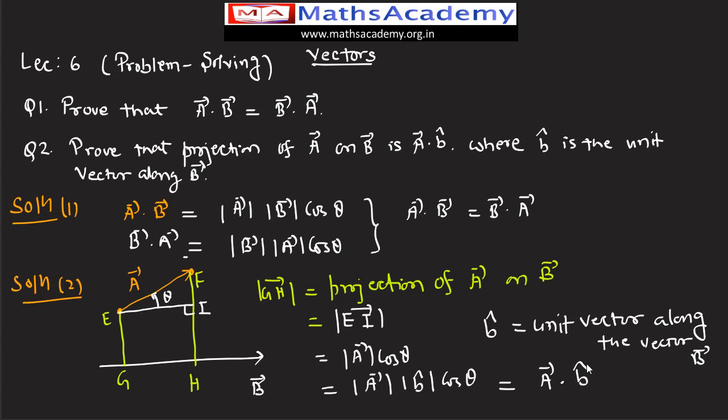This is the formula by which we can calculate the projection of one vector on another. You have to take the dot product of the first vector and the unit vector on which we are taking the projection.